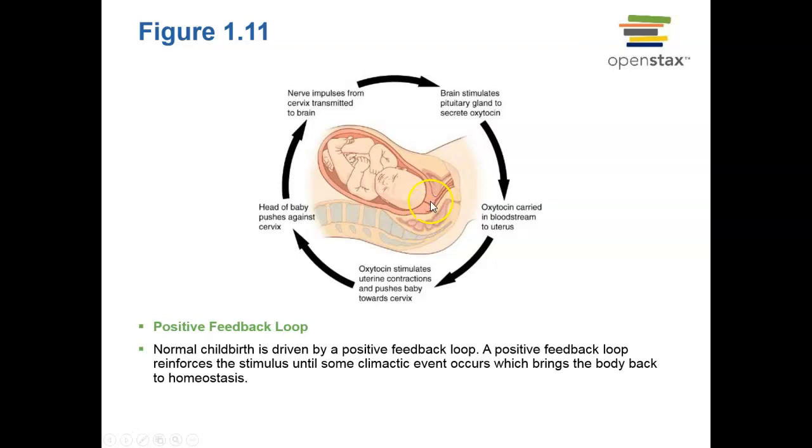And when that happens, receptors on the cervix send signals to the brain, to the hypothalamus, to release more oxytocin. The oxytocin stimulates stronger uterine contractions, which causes the head to hit that cervix even harder. And this is going to continue in the same direction until the baby is born. That would be the climactic event.